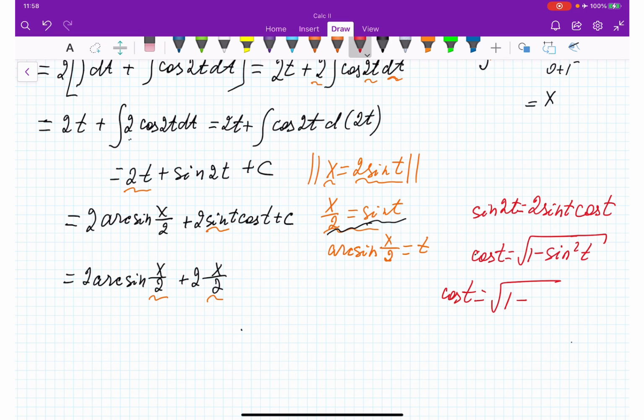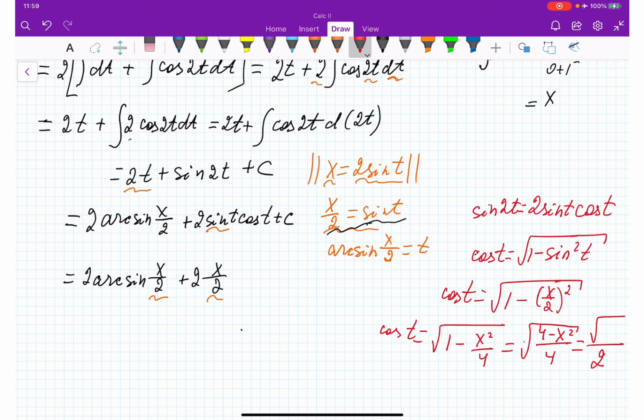Okay. So x over 2, squared, right? And from here, cosine t is equal to the square root of 1 minus x squared over 4, yes, or this is equal to the square root of 4 minus x squared over 2, which is equal to square root of 4 minus x squared, over 2.